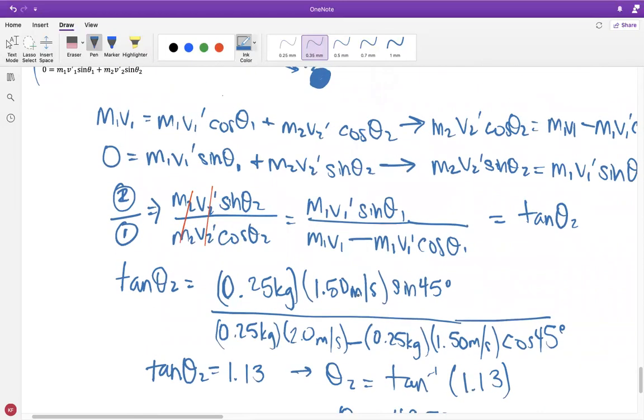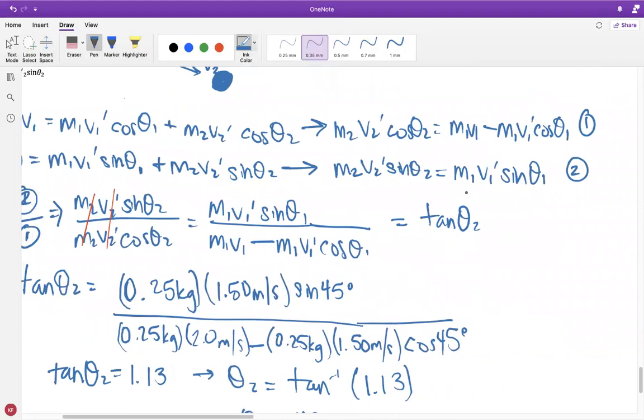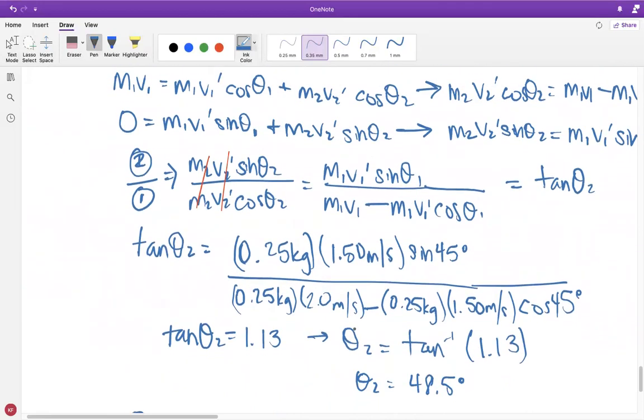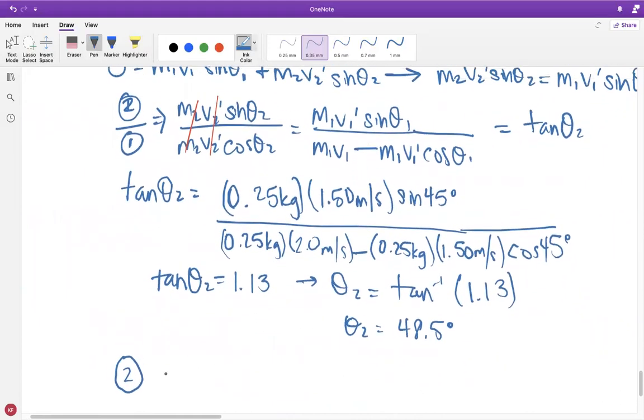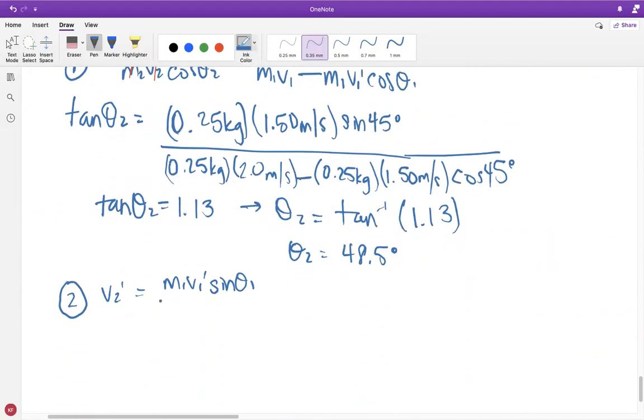Our velocity is described by both of these equations. Let me just use the shorter one, equation 2. V2 prime equals M1 V1 prime sine theta 1 divided by M2 sine theta 2.